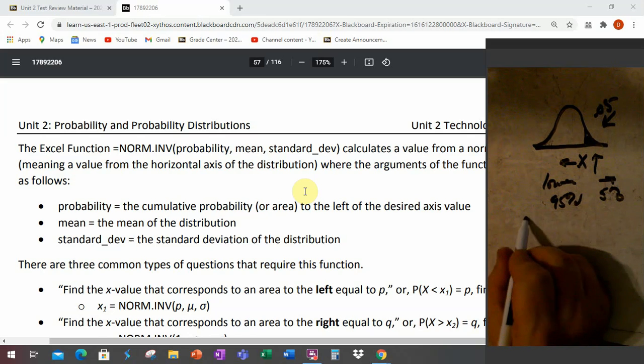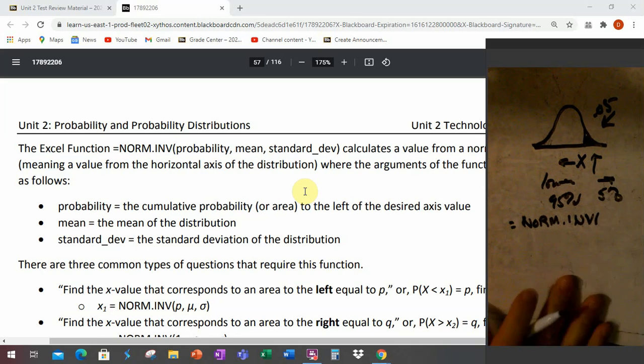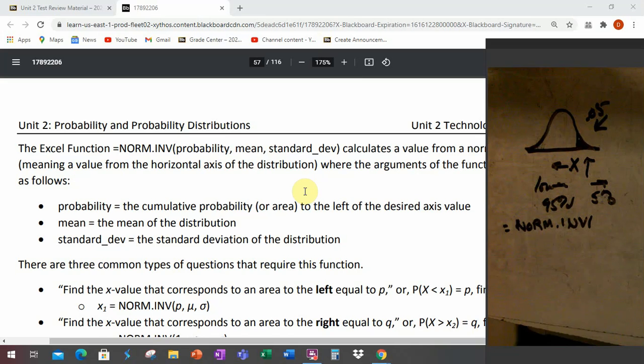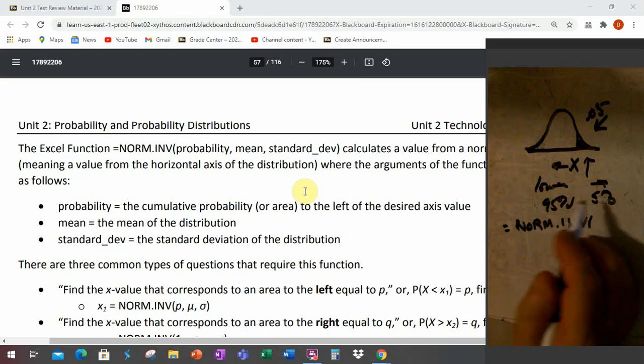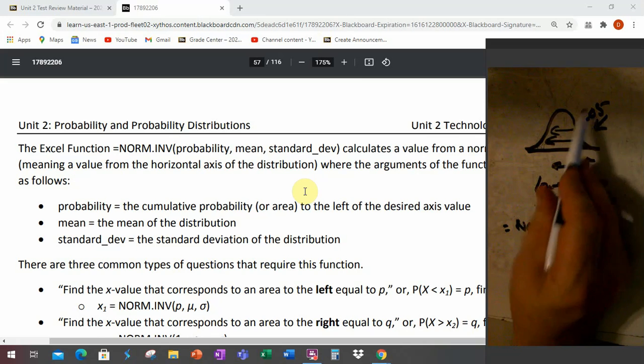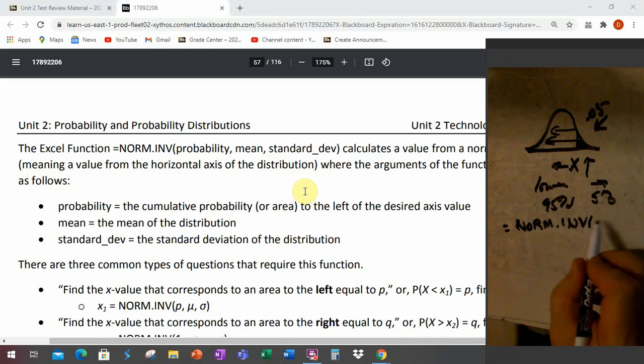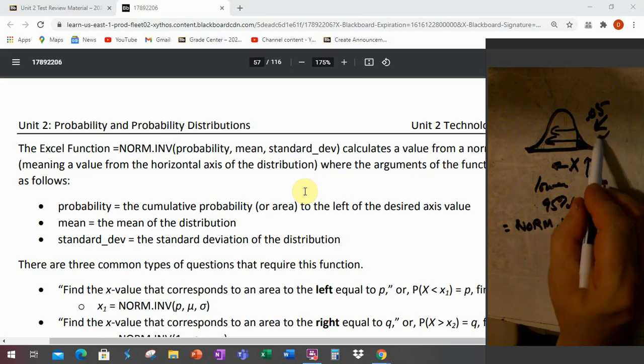But when you come over and do this, the norm.inverse, it's asking you for the area or the probability, and it's to the left though. So even though you're given that point for the top 5%, you have got to do the 1 minus this. You would do 0.95. 1 minus, we're going to later call this area alpha.